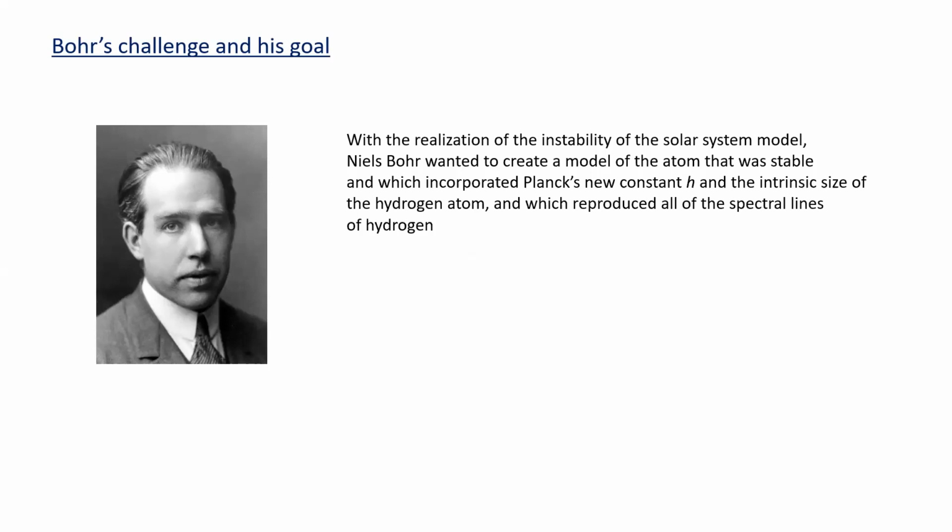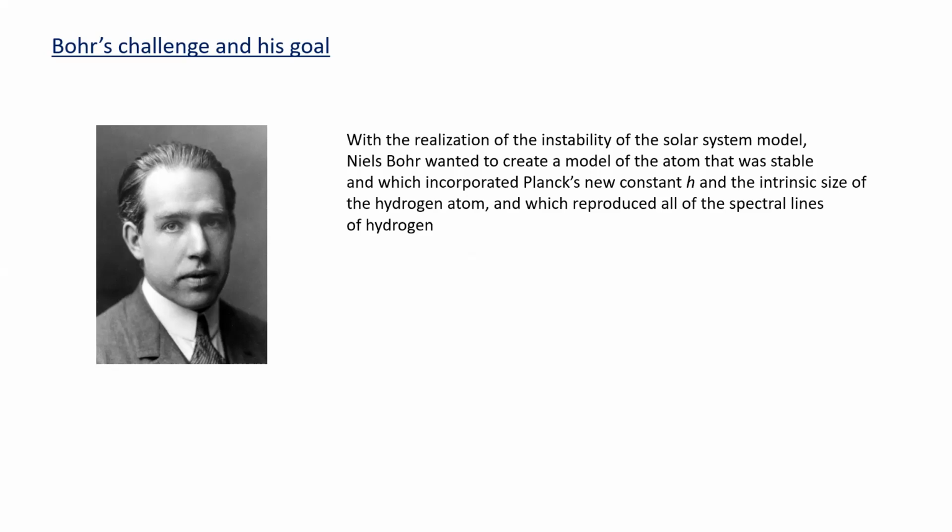And so he wanted to create a model of the atom that was stable, because clearly atoms didn't just implode on themselves, and which incorporated Planck's new constant h, which he was aware of from the photoelectric effect and from blackbody radiation, and also connected somehow to the intrinsic size of the hydrogen atom.